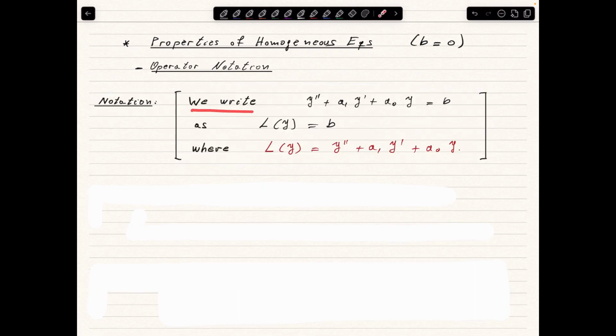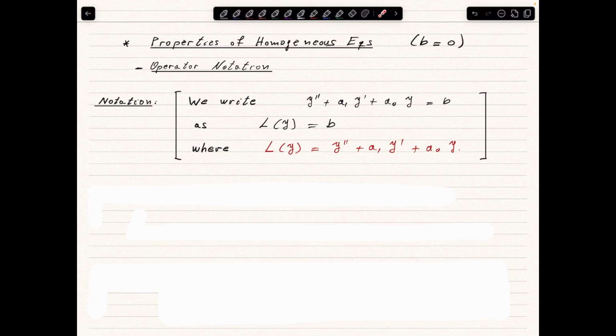We write the differential equation like this. Notice that right now b could be different from 0. The notation works for homogeneous and non-homogeneous equations. So a differential equation like this is going to be written in this way, which means that all this left-hand side we have given the name L of y. So here L of y is just the left-hand side of the equation.